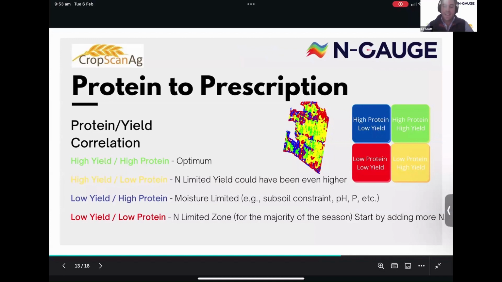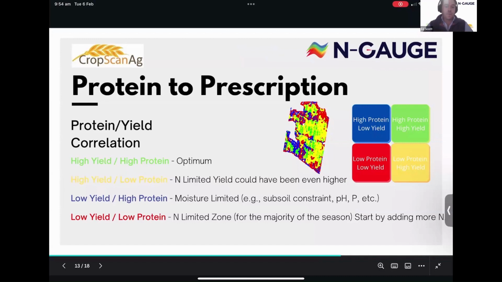When we see yellow, think nitrogen limited, think of a yellowing crop. That nitrogen limited zone would have had a yield increase if there was more available nitrogen. So we want that yellow zone to in future be all part of the green zone, and with that, we'll bring some yield change as well.